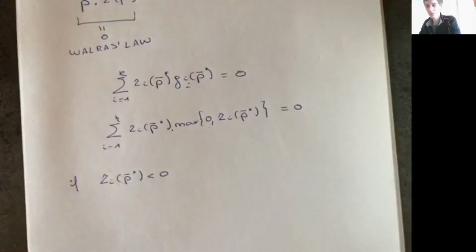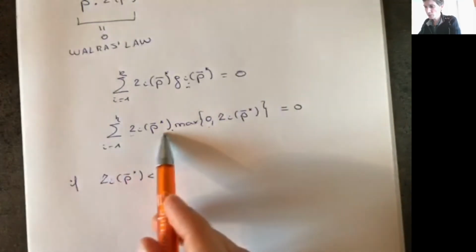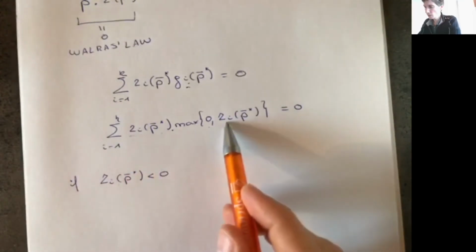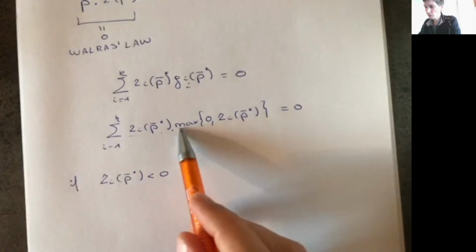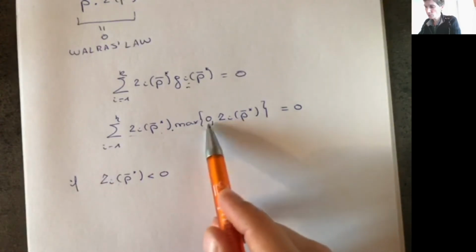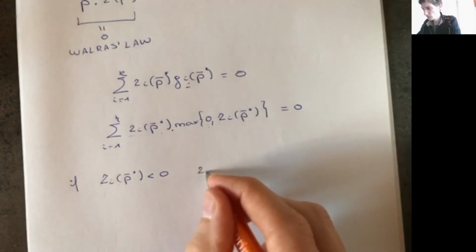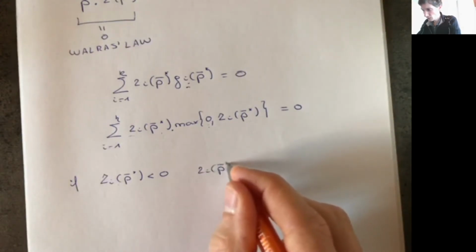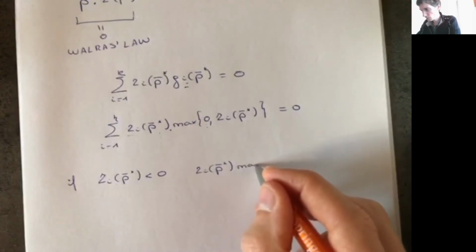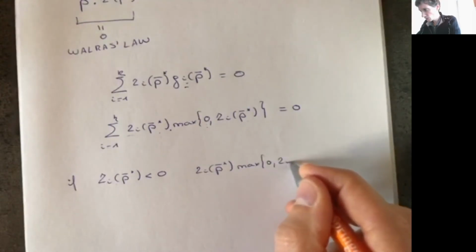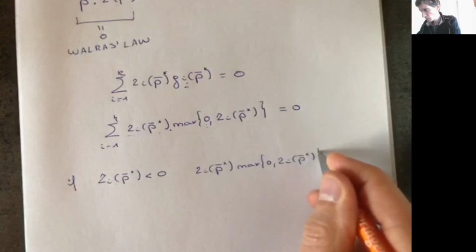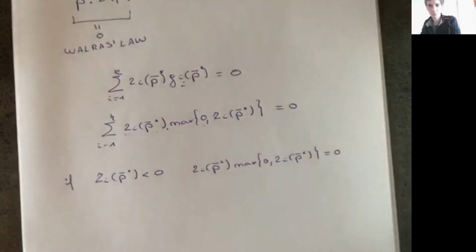So if demand is less than supply, well then this is strictly negative. This is also strictly negative, but you're taking the maximum of 0 and something strictly negative, so this will be 0. So in this case, z_i(p star) times the maximum of 0 and z_i(p star) will be equal to 0.